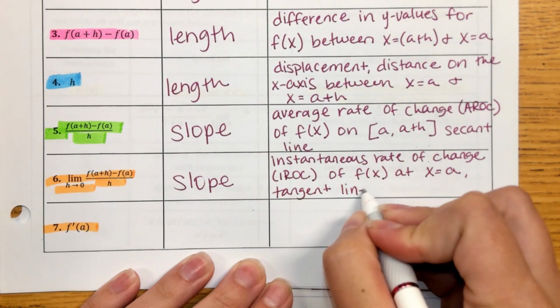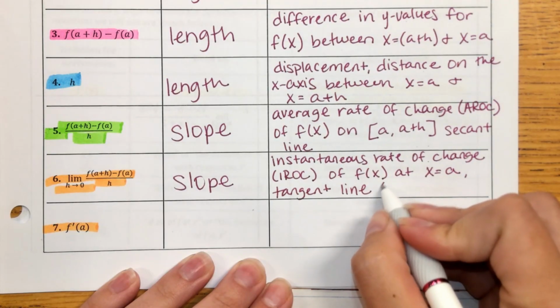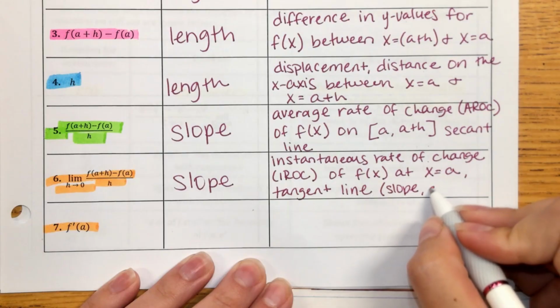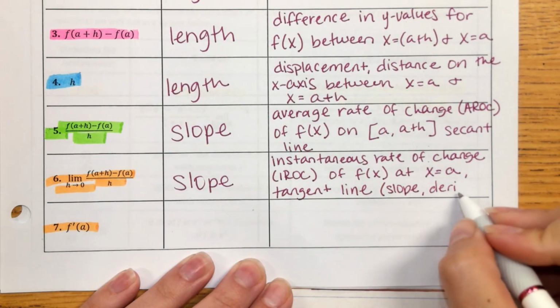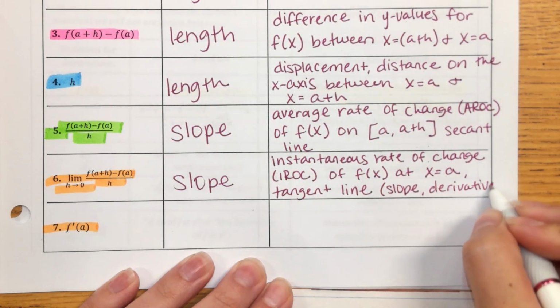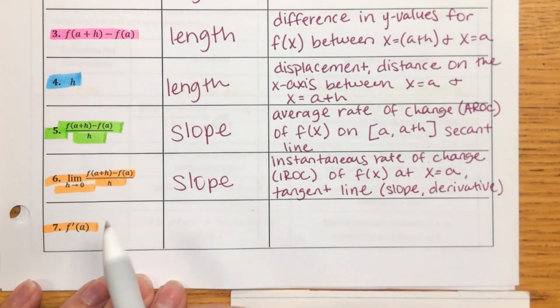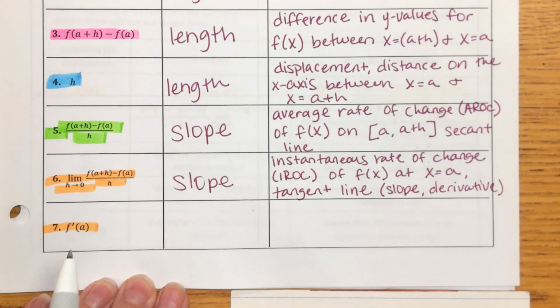We also need to note that we're utilizing our tangent line, also known as the slope or the derivative, for f prime of a. So again, if you weren't here yesterday, then you missed this terminology.